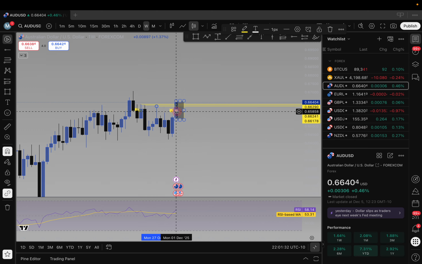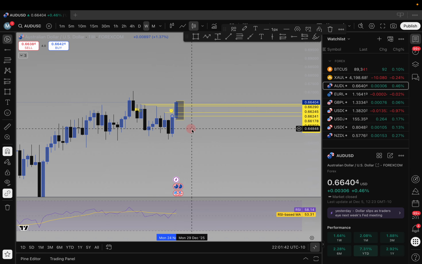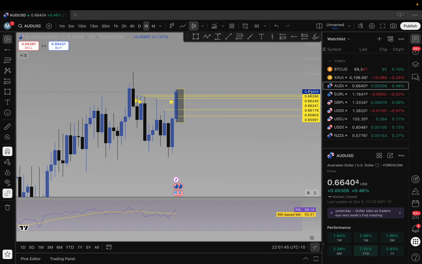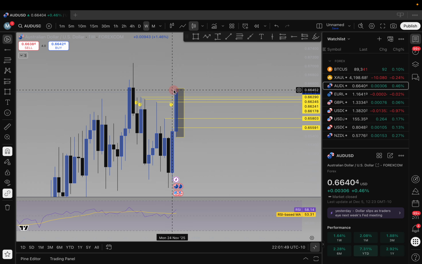Now we gotta mark up all the POIs that we're looking to get into. So that's all the POIs, but he suggests that it's not gonna retrace all the way here. He suggests that you look for entries here or here.